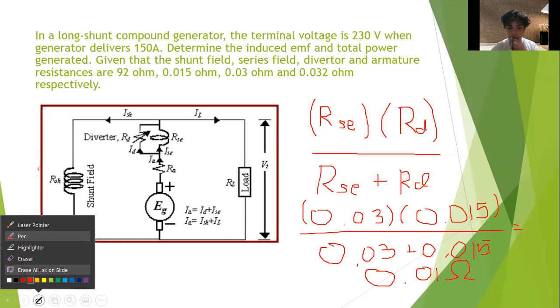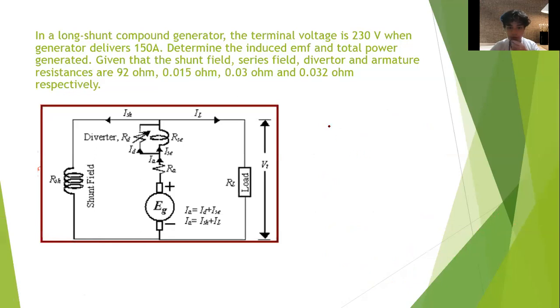After we got that 0.01 ohm, we have the combined resistance. Next, we will have the total resistance of the whole shunt compound generator.